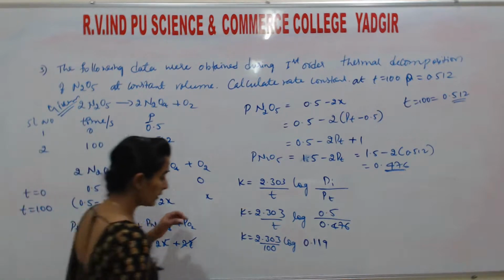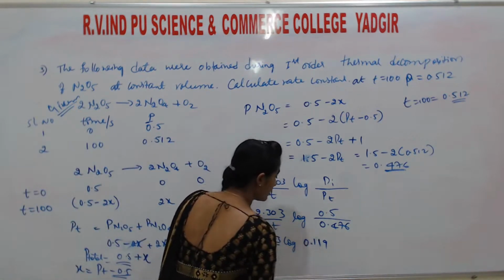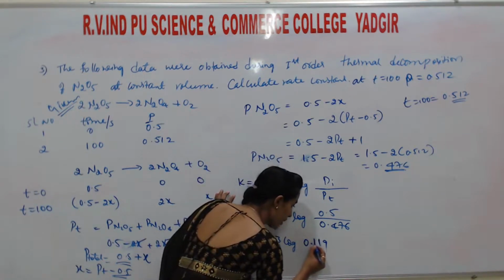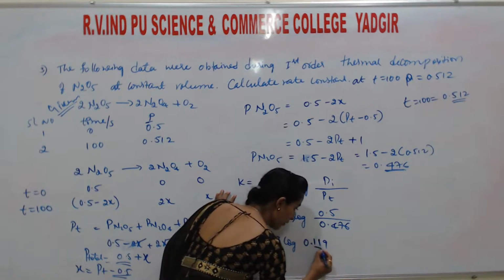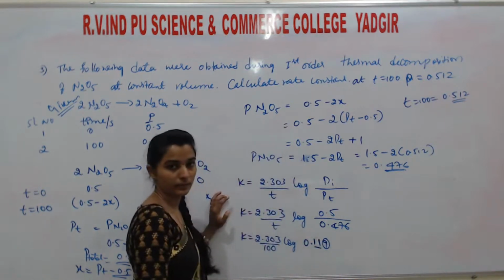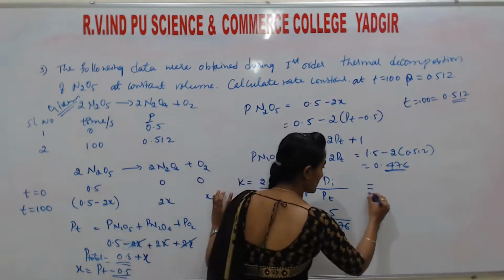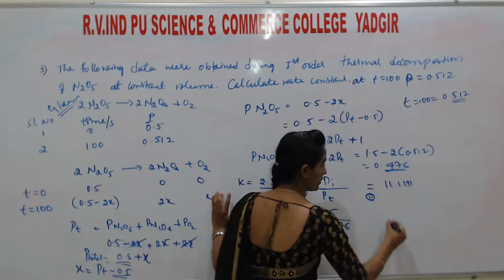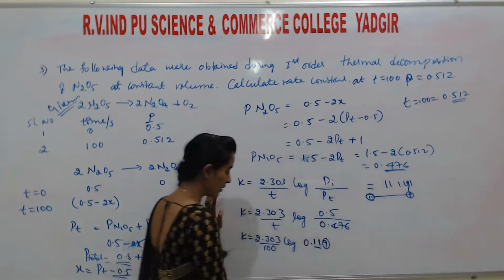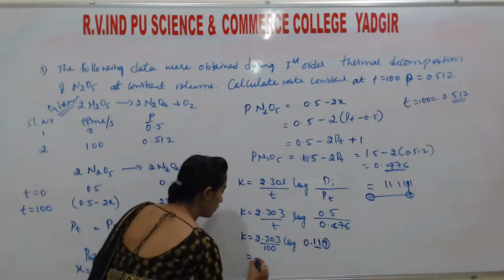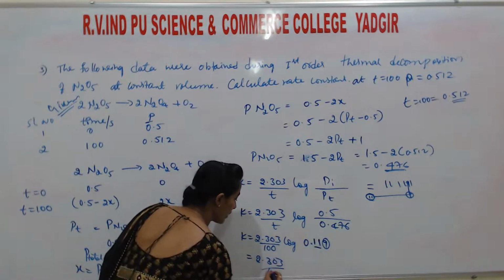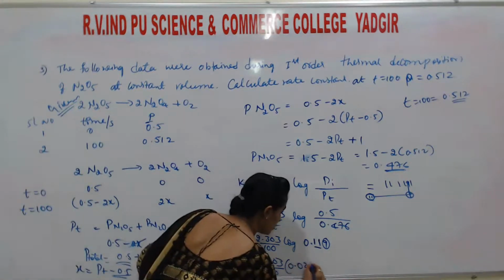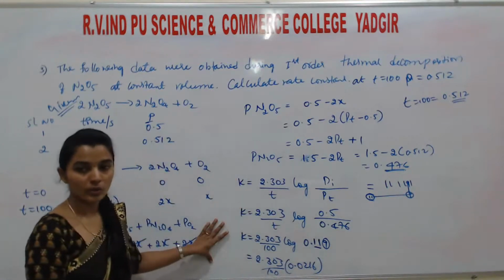Okay. So students, here, log of 0.119 you have to see from the logarithmic table. So these vertical lines are there. Here we have to choose 11, from here 9. So this value we have to choose from the logarithmic table. We will get 2.303 by 100 into the approximate value 0.0216.